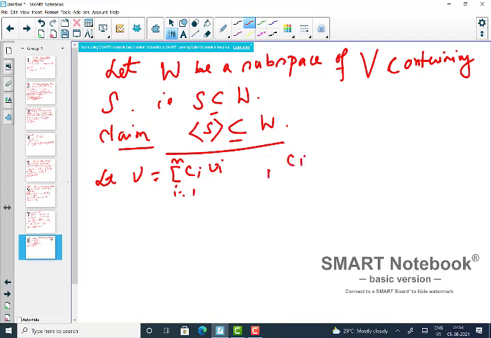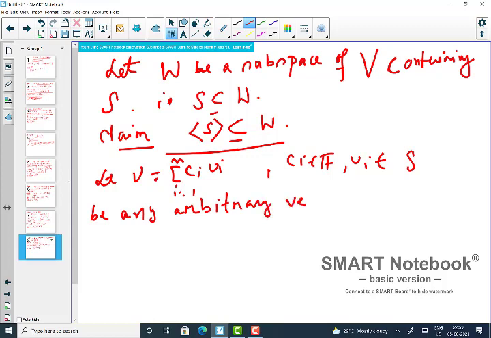So c_i's are constants and v_i's are vectors inside S. This is an arbitrary element in span of S, and we need to show that this element is also inside W.